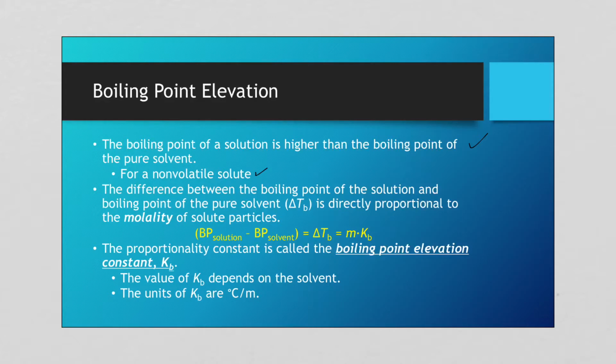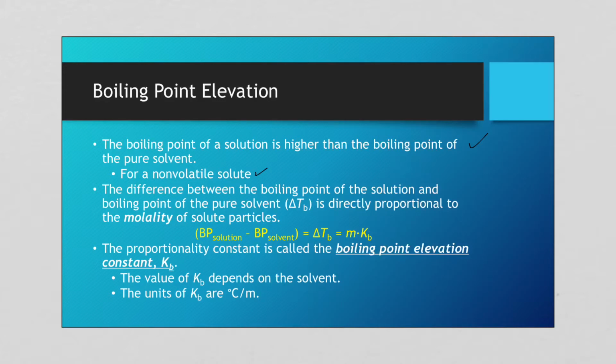If we start introducing solutes that also boil, well, then it becomes increasingly complex to try to parse out the different pieces here. So we're only going to look at problems where we have a non-volatile solute, meaning ideal conditions under Raoult's law, so only the solvent is volatile.